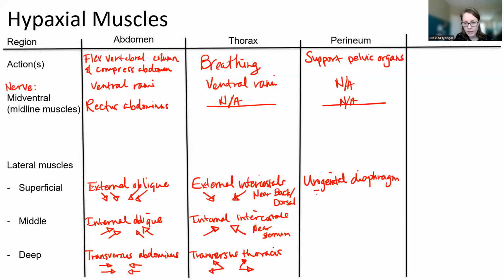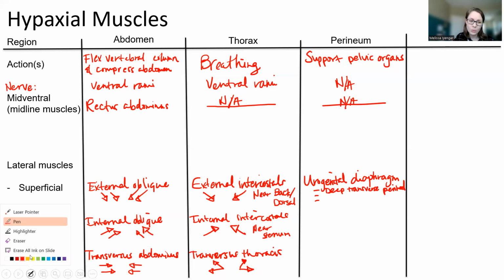The urogenital diaphragm is going to be 3 muscles. So we have deep transverse perineal. Ooh, that's really small, I doubt you guys can read that, sorry. Deep transverse perineal.